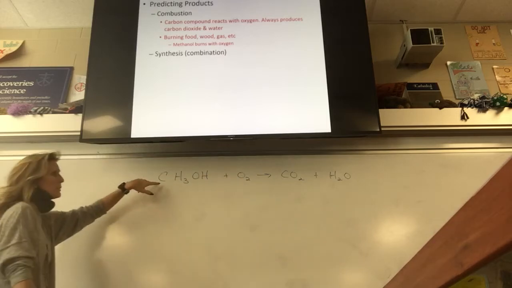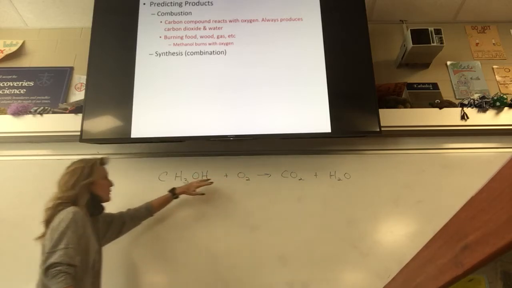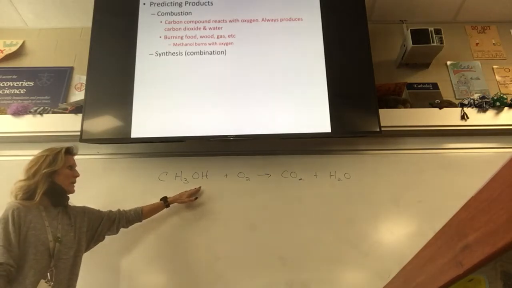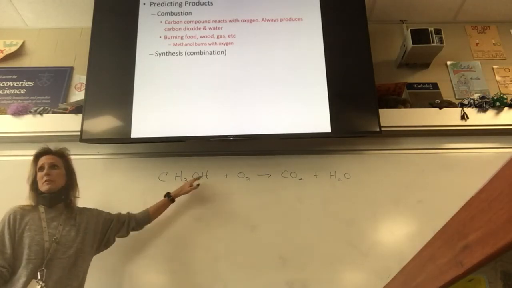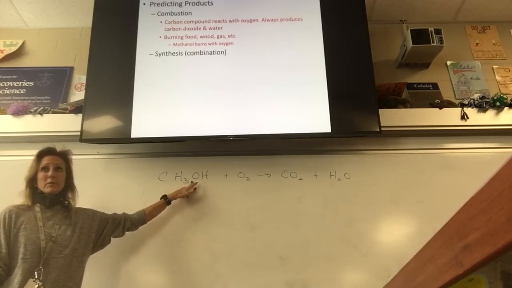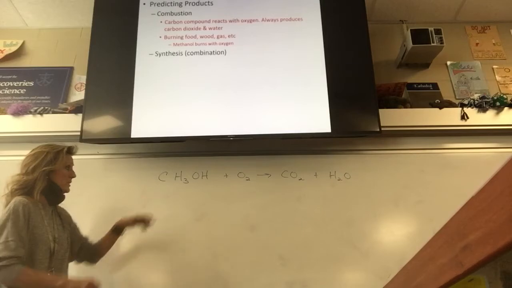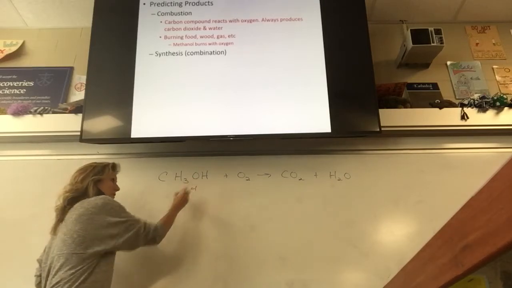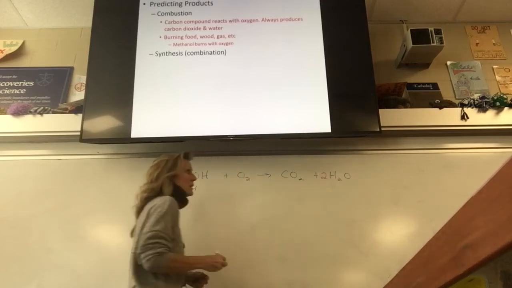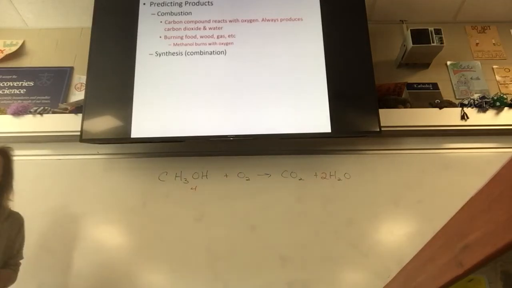Right now the carbons are balanced. And then what makes these alcohol type carbon compounds tricky to balance is people forget to count the extra hydrogen and oxygen from the hydroxide group. So if we do the hydrogens next, we actually have 4 hydrogens on this side. So to make 4 hydrogens on the product side, we put a 2 there.